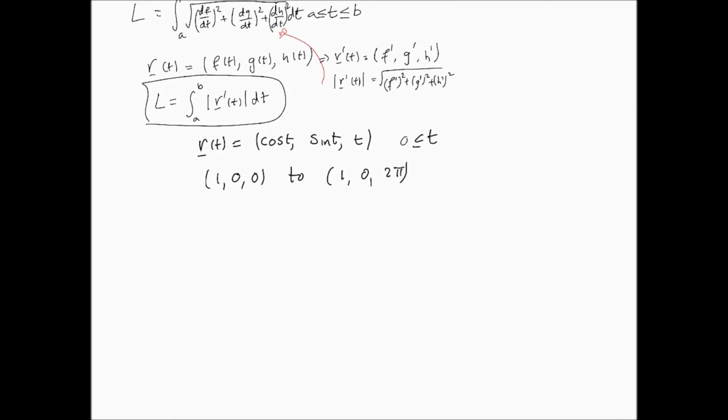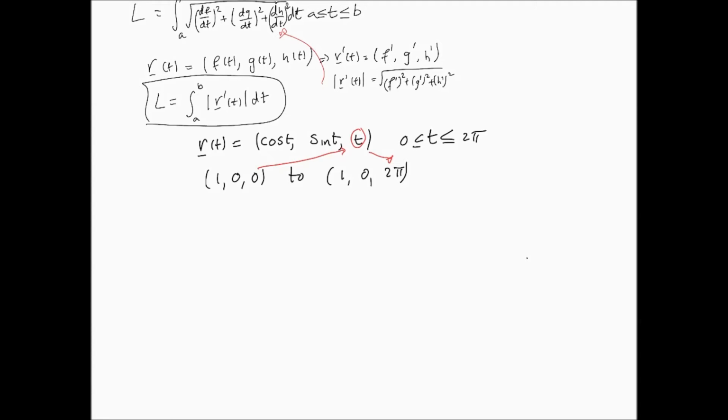Well, clearly t is going from 0 to 2π. In this particular case, it's quite obvious because of the presence of this component, which is just t itself. So if you look at this number here, 2π, and this number here, they both represent, of course, t.